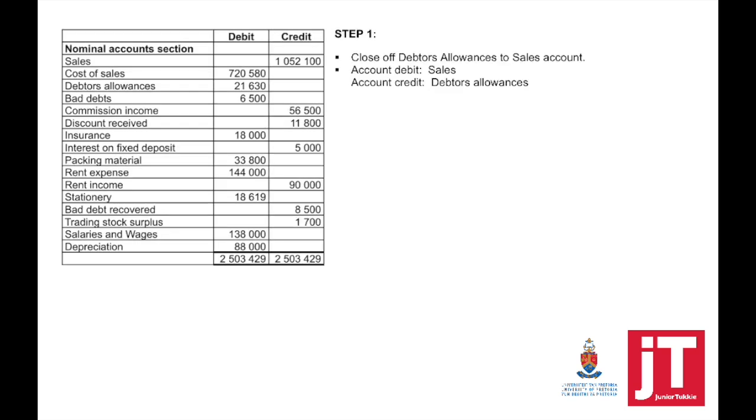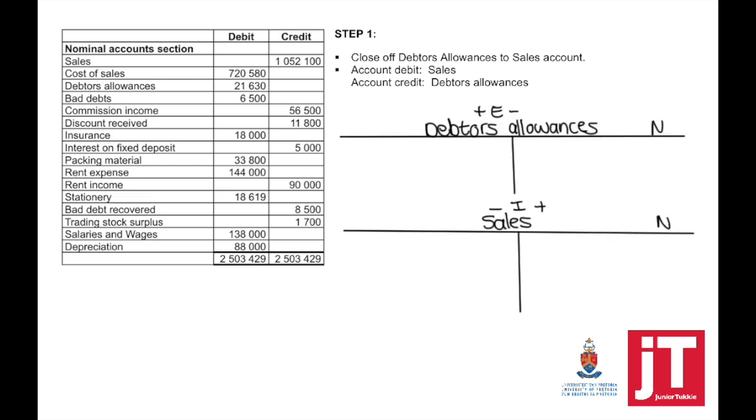Step number 1, we need to close off debtors allowances to the sales account. So to close off debtors allowances to sales, it means that we're going to open up debtors allowance, which is an expense. That means the total brought forward will appear on the debit side. Sales is regarded as an income, so the total brought forward on the credit side.